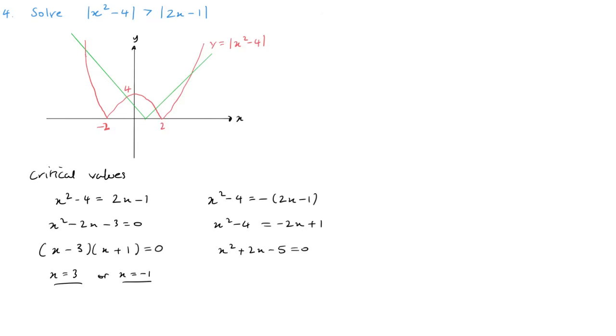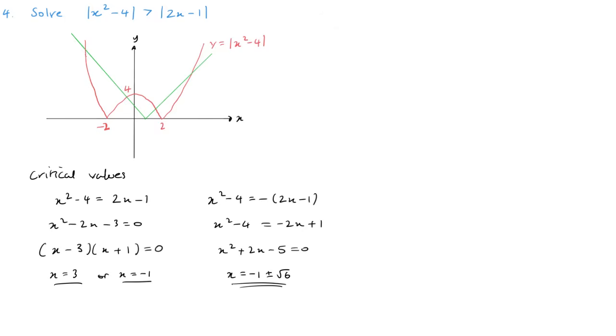Now this one won't factorize, so here I'll use the formula, and this is going to give me that x is minus 1 plus or minus root 6. Okay, and it's not quite as simple as the other one when you can see which part of the modulus sign is affecting it, because this one, the 3 and the minus 1, gives me this point and this point, and this one gives me this point and this point. So it's not quite as simple as when it's just a single modulus in your equation to solve.